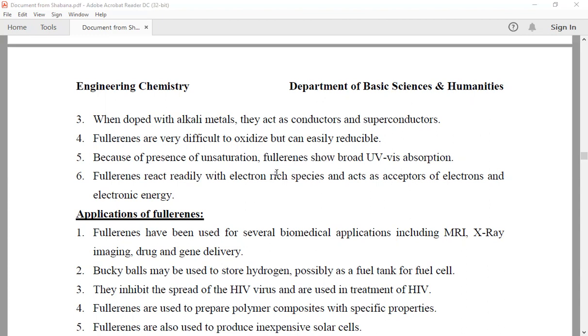And the fullerene also exhibits the property of halogenation. Halogenation means addition of fluorine, chlorine, bromine, which react with the C60 molecule under various conditions. It produces a vast number of halogenated derivatives.